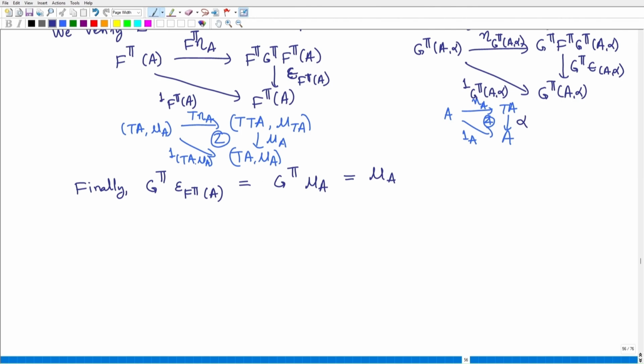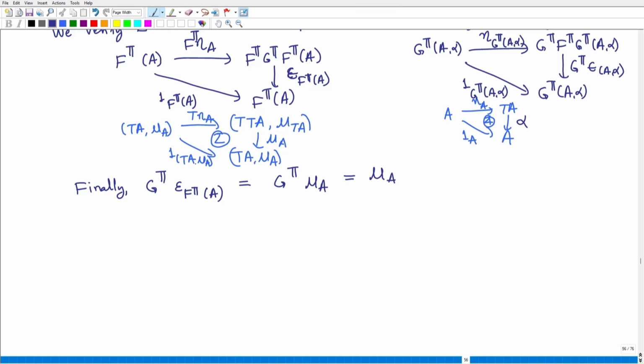We wanted that the monad multiplication that was given, we can recover it from this adjunction as well. So finally this G^T ε_{F^T} is indeed just μ. Okay, so this completes the verification.